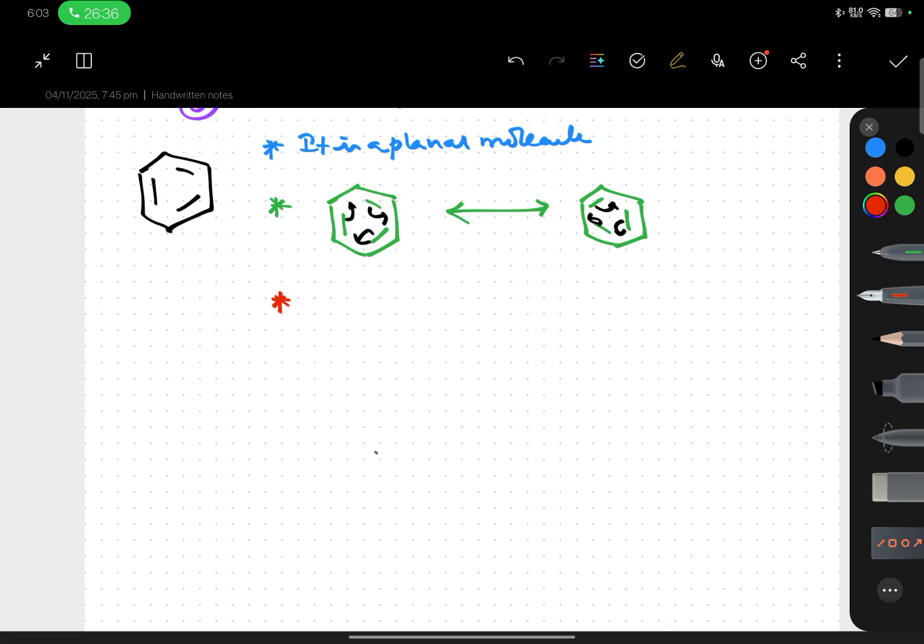Again, how many electrons are there? 1, 2, 3, 4, 5, 6. 6 electrons are there. So if you take n equal to 1, then 4 into 1 plus 2, that means 6 electrons.